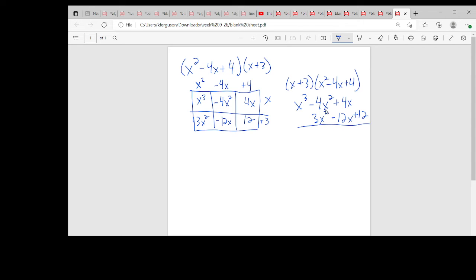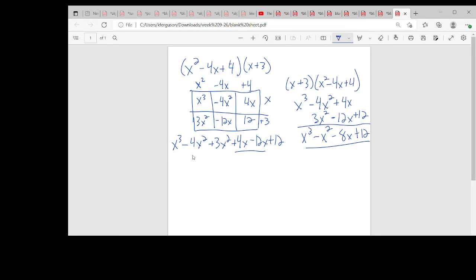And then I can just combine these things. I got x cubed. I've got minus x squared. I've got minus 8x. And then I got 12. And that's my answer. Or I could use the box and write everything down. X to the third minus 4x squared plus 3x squared plus 4x minus 12x plus 12.